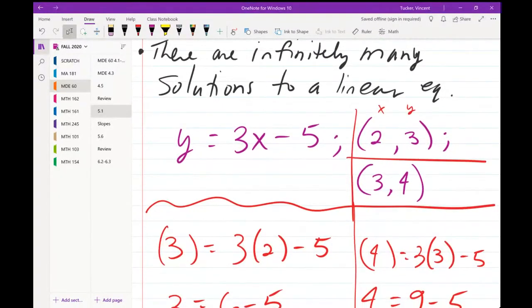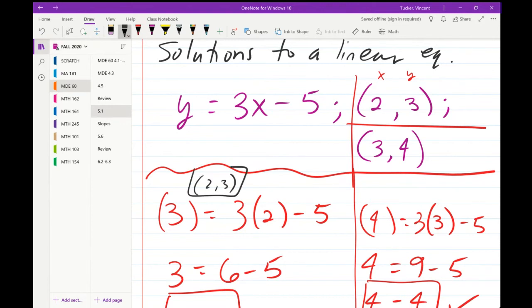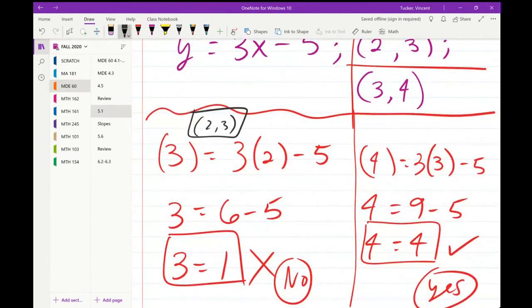So, here I'm just doing that again. Here I had y equal to 3x minus 5, and we had two ordered pairs, and we wanted to see if they were solutions. So 2, 3, plug it in, 2 for x, 3 for y. That's this one right here, ordered pair 2, 3. So 3 equal to 6 minus 5. 6 minus 5 is 1, so it ended up not working.